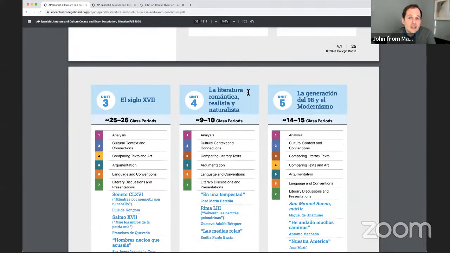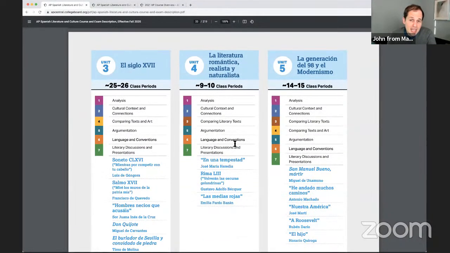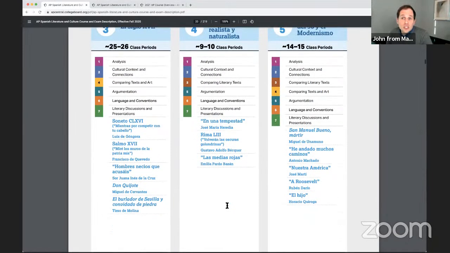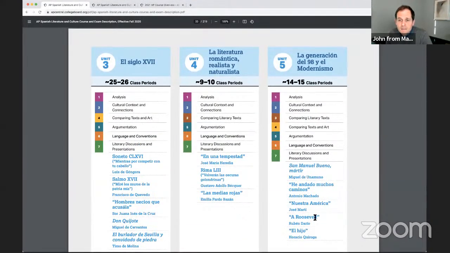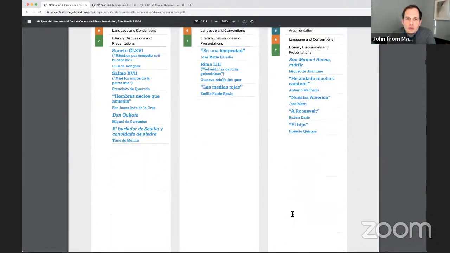Then the 17th century, this is romantic, realistic, and naturalistic literature, which involves José María Heredia, Gustavo Adolfo Bécquer, and Emilia Pardo Bazán. And then we get to the generation of 98 in Spain, involving Miguel de Unamuno, who's kind of the poster boy of that era.